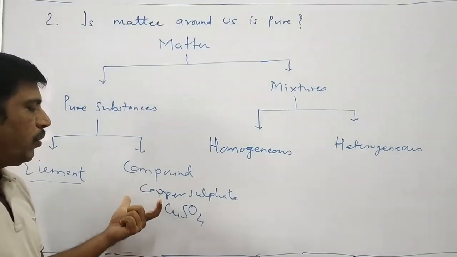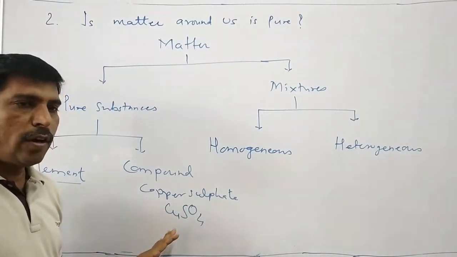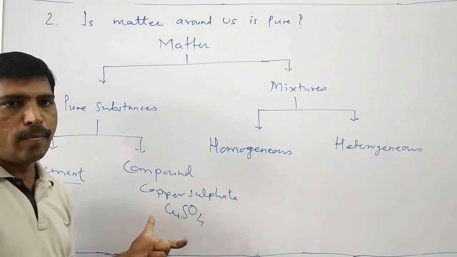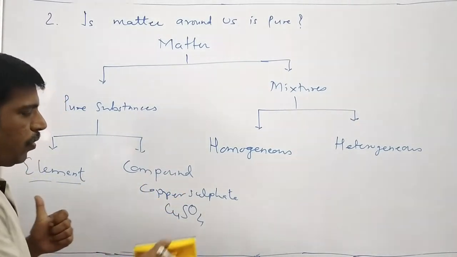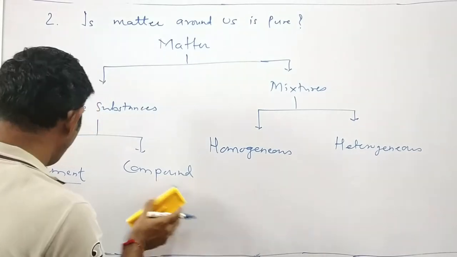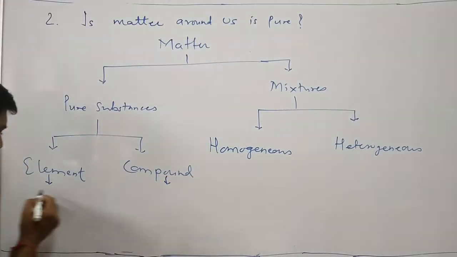So this compound forms in a fixed ratio. Here all these atoms join together in a fixed proportion, and then only these compounds are formed. Simultaneously we will take the examples also.